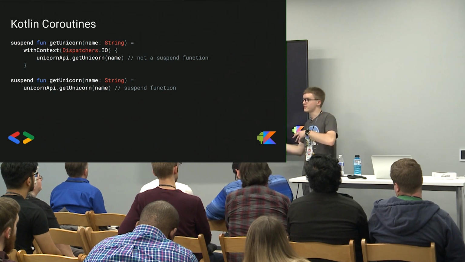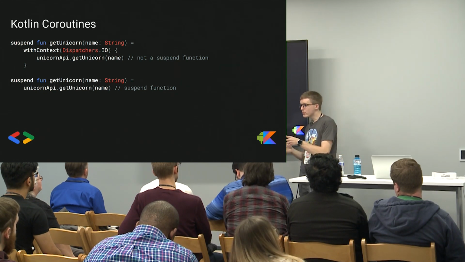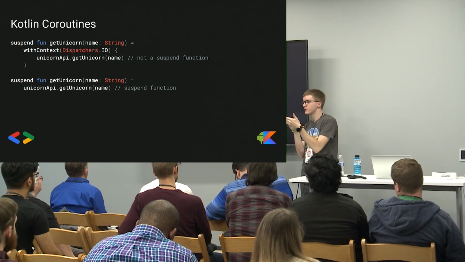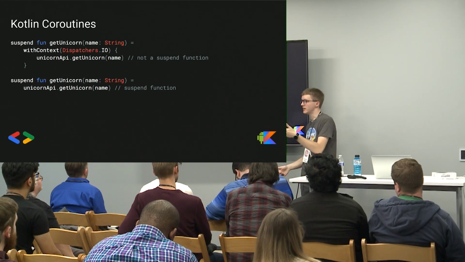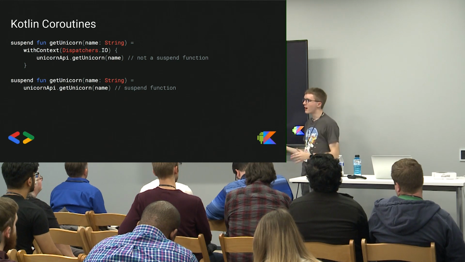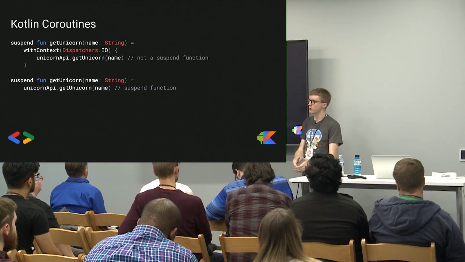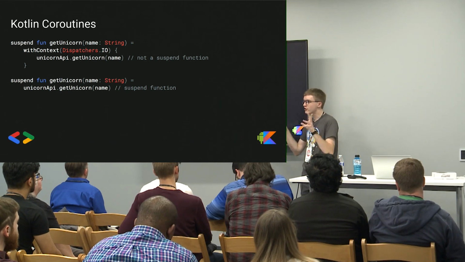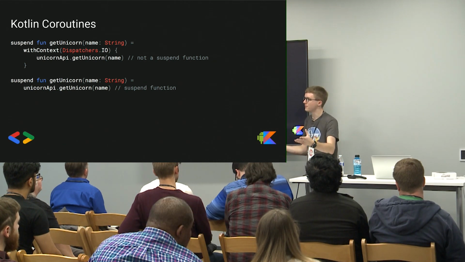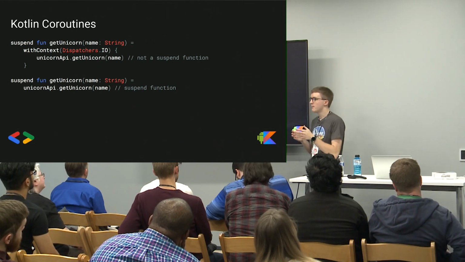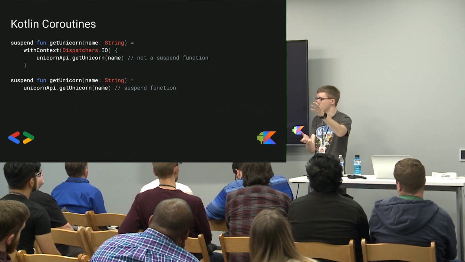But the way that relates to coroutine scope is a coroutine scope is built with a coroutine context and allows you to launch additional jobs off of it. Like I said, think of the ViewModel example, where any background operations you have going on in your ViewModel are effectively children jobs. They're owned by the ViewModel. And so your ViewModel scope is going to be built off of your application scope.